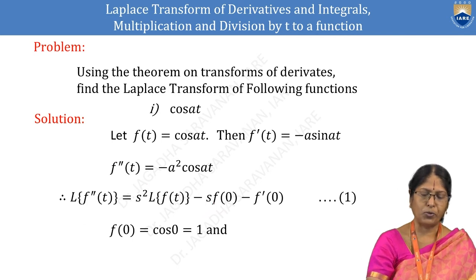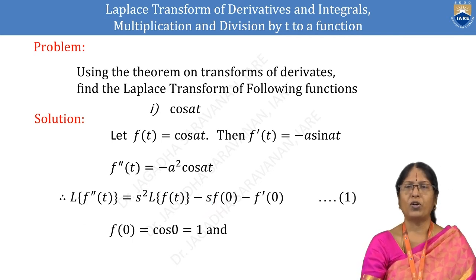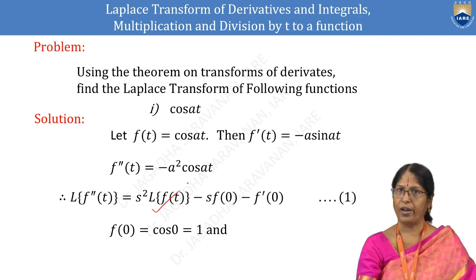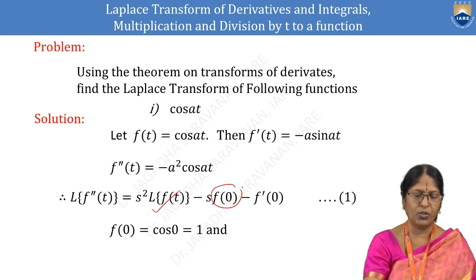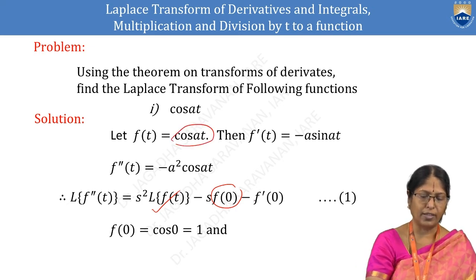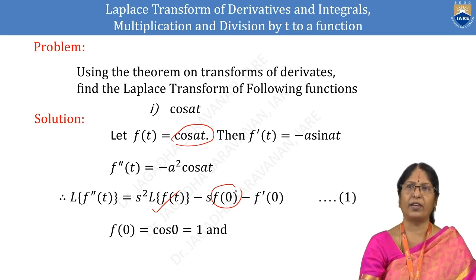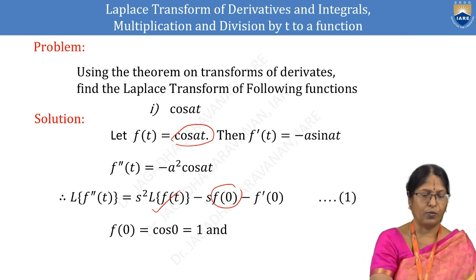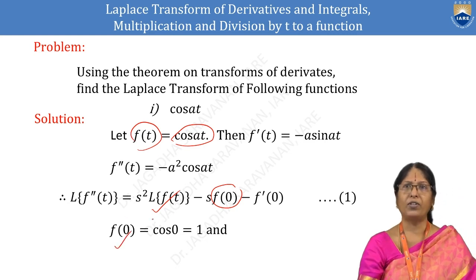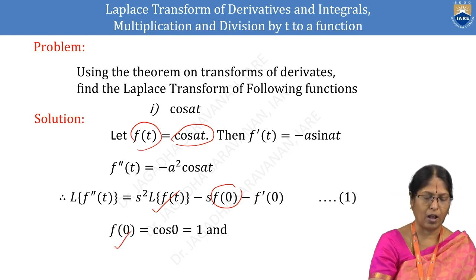Now, to substitute in this formula, what terms are required? This first one is okay, fine. F of 0 we want. Our f of t is cos at. So in this f of t, t is taking the value 0. So we are going to substitute t equals 0. So the left side is f of 0, and cos 0.